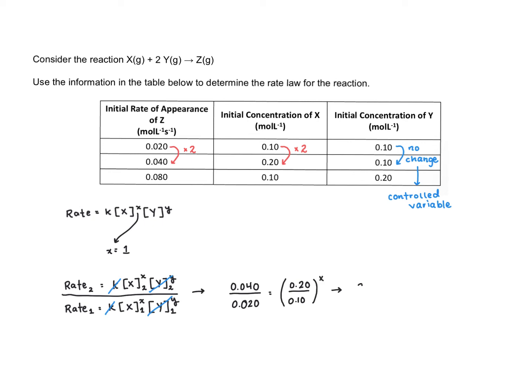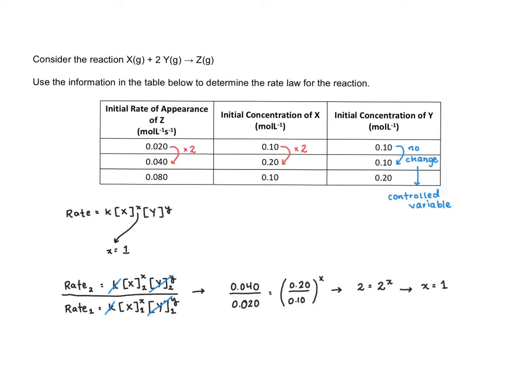So simplifying, that gives us 2 equals 2 to the x, and using logarithm rules, we can then determine that x equals 1. Now, most times you're going to just be able to look at the magnitude of the change and deduce what the exponent should be. If you're struggling, this method will give you an answer. If you don't get a whole number here, you're going to round to the nearest whole number.